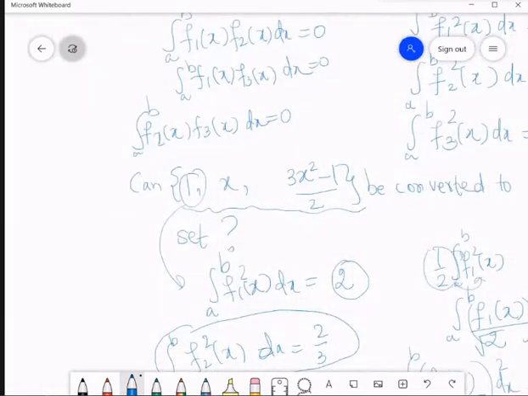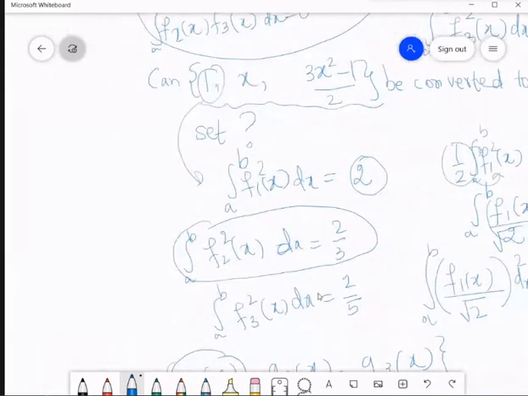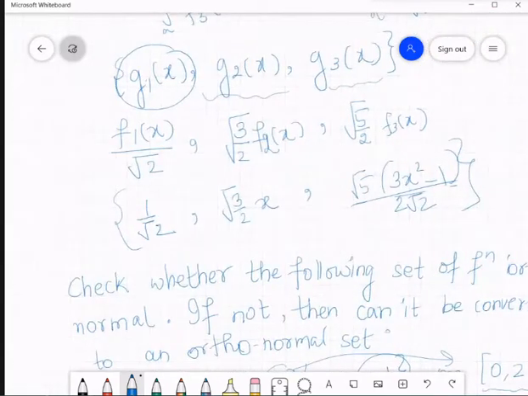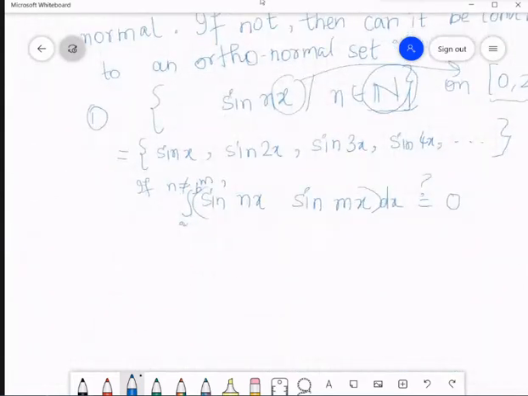See these 3 integrals which we have written here, all these 3 can be covered in one stroke by this expression. Is the idea clear? I'm just making this statement that if n is not equal to m, then I'll consider this integral, and this is equal to 0 is what I'm going to check.